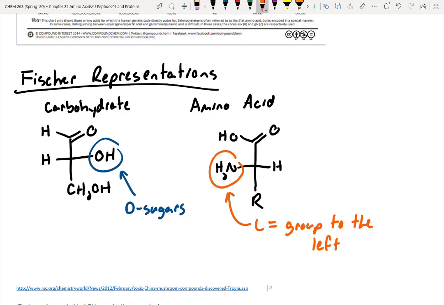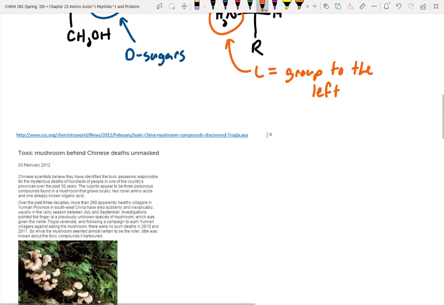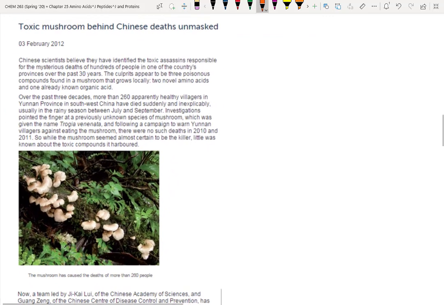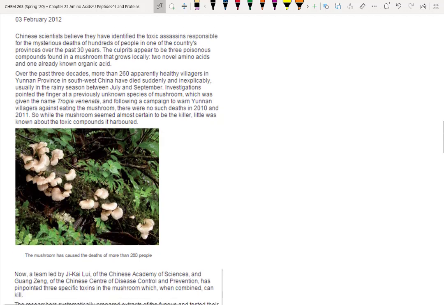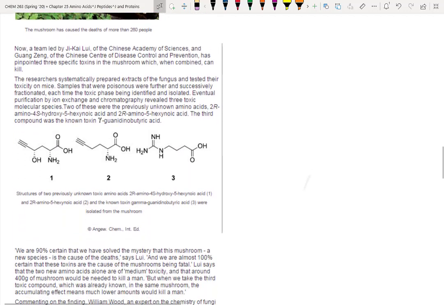And so nearly all natural amino acids are L amino acids, but I actually read an interesting article a few years ago talking about these toxic mushrooms that were killing people in China. They were accidentally eating them, not quite knowing what they were. And so they isolated the compounds that were toxic.